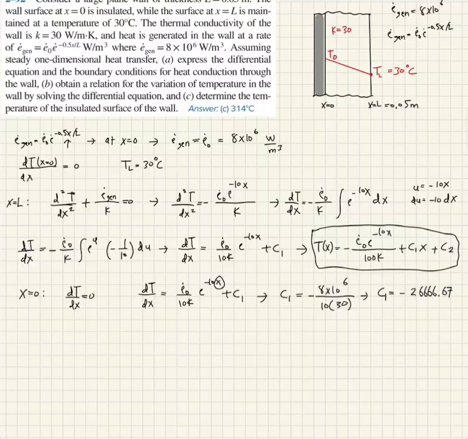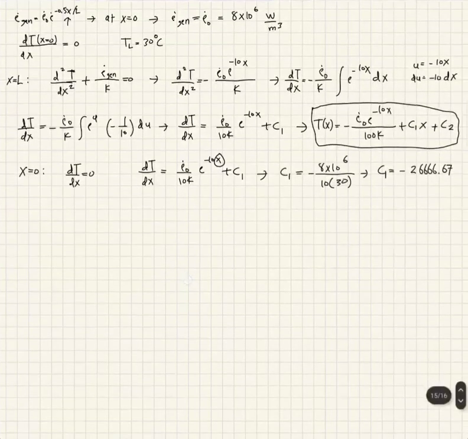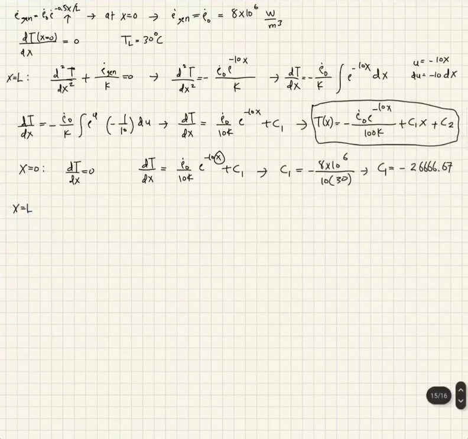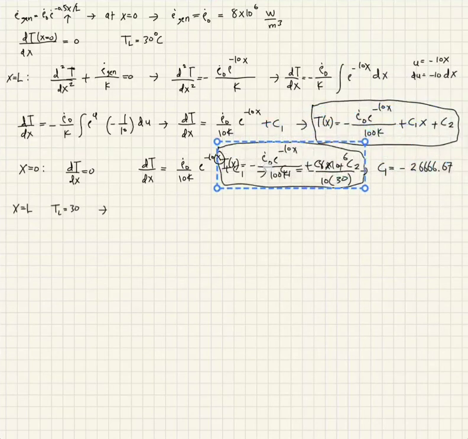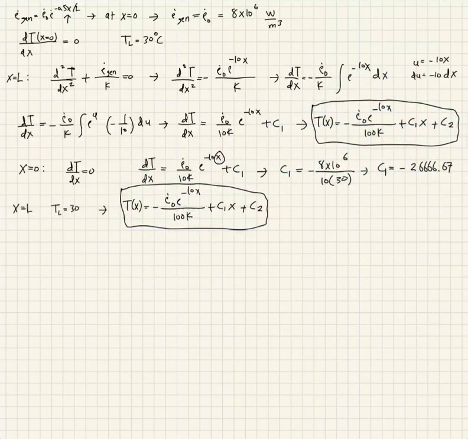So that's our first constant, and we know that at x equals L, TL is 30, so we can use this equation to find C2 directly. So this is 30.